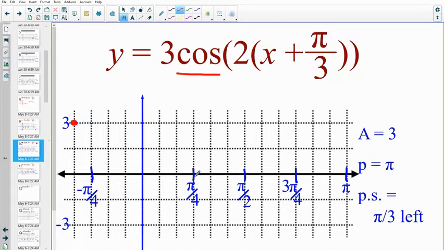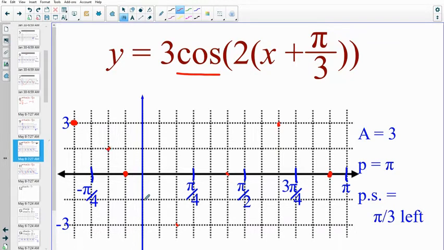And so the place where it would have been crossing down here at pi over 4, I'm moving that 4 units over to the left because that's what pi over 3 looks like. And then fill in the rest of these dots like I normally would, either by looking at them relative to my graph or taking points and moving them over by that same pi over 3.